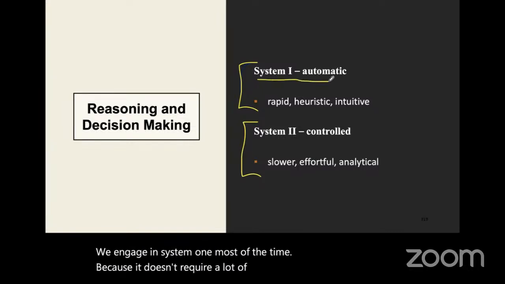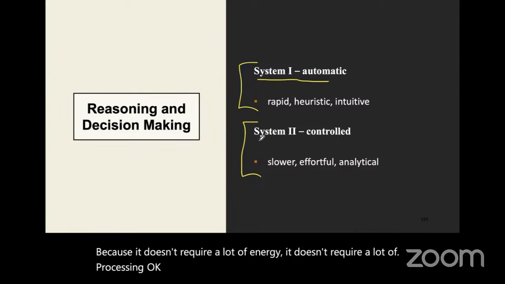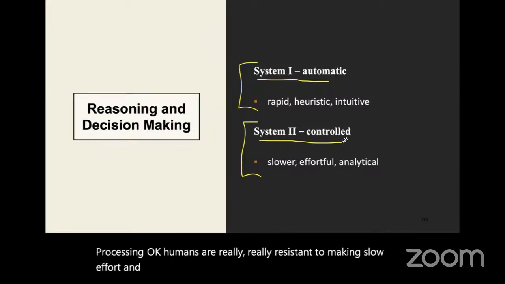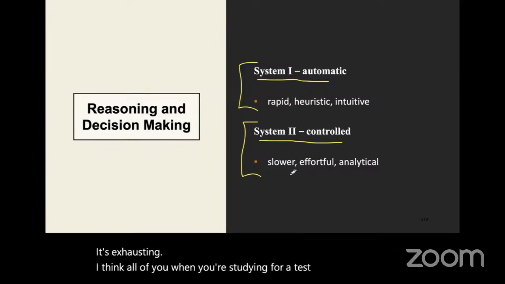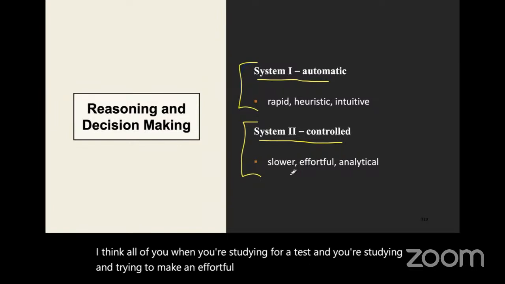It doesn't require a lot of processing, okay? Humans are really, really resistant to making slow effortful analytical decisions in most situations because it takes a lot, it's exhausting. I think all of you know when you're studying for a test and trying to make an effortful, it's exhausting, okay?